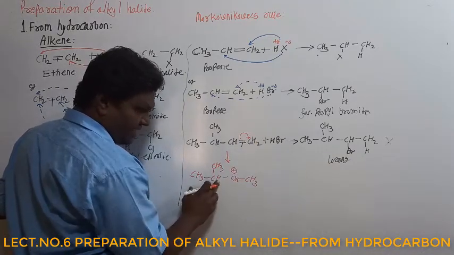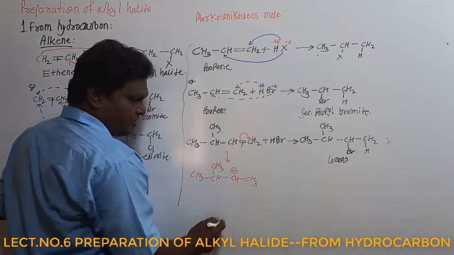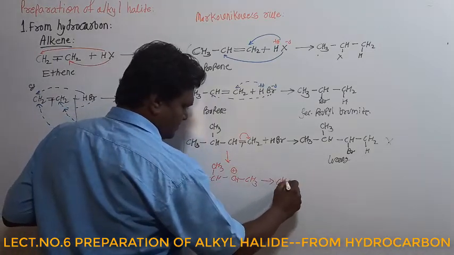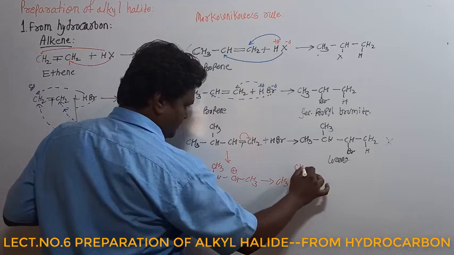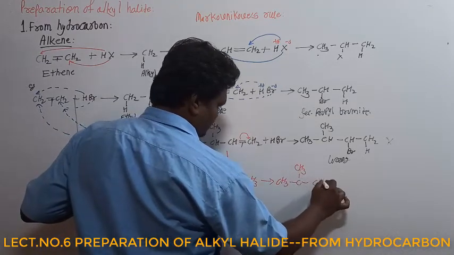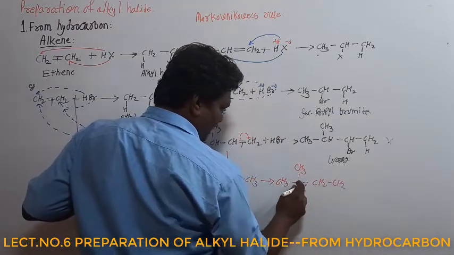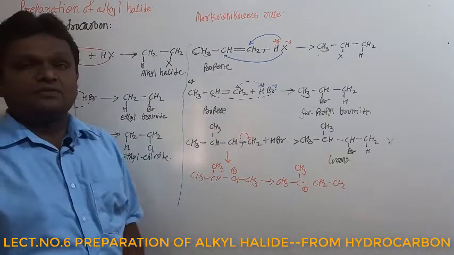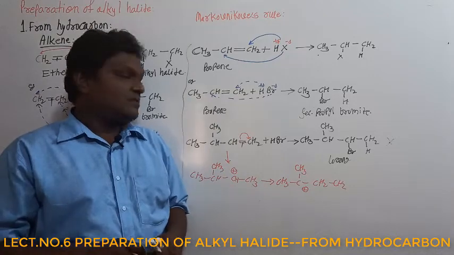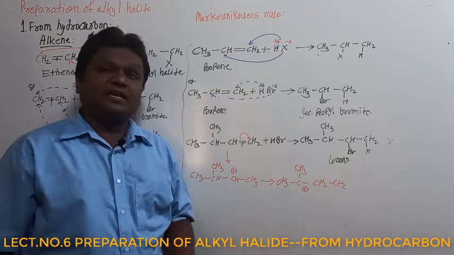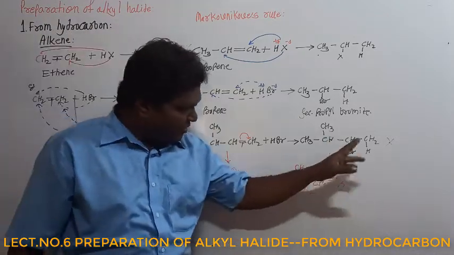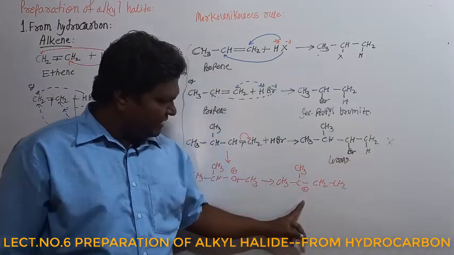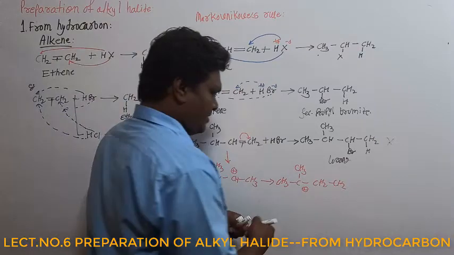Now, this hydrogen again shifts to this carbon atom. So finally, all the positive charge will be on the tertiary carbon atom, because the tertiary carbon atom is more stable compared to secondary and primary. So you are never going to get this. Finally, our bromine atom is going to attach to this carbon atom.